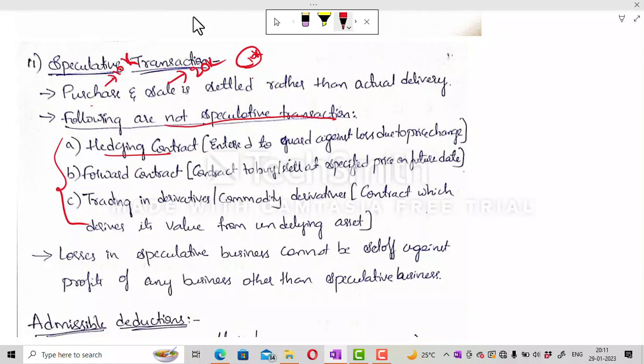So it is just to safeguard ourselves from losses. It is called a hedging contract. It will not come under speculative transaction. And forward contract, it is to buy or sell a particular product at a particular date at a particular rate. We fix everything now itself.